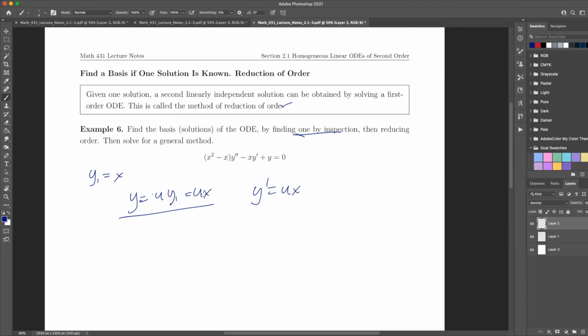If I take the derivative of this, it's u prime x plus u. We've done something like this before, where you take its derivative, and since y1 is just x, it simplifies quite well.